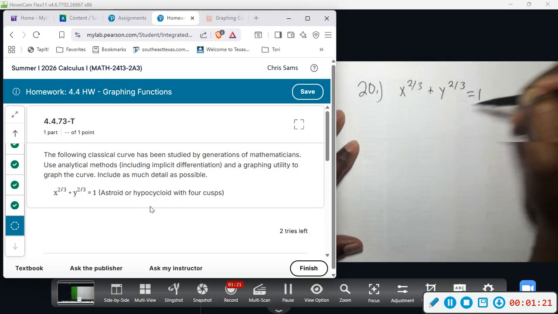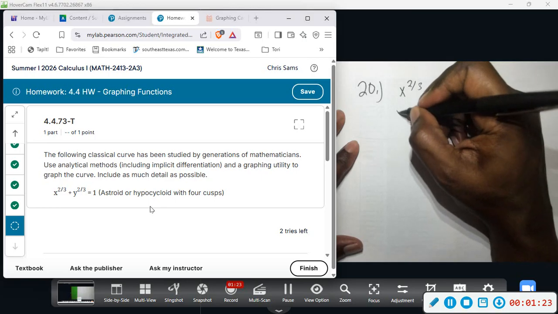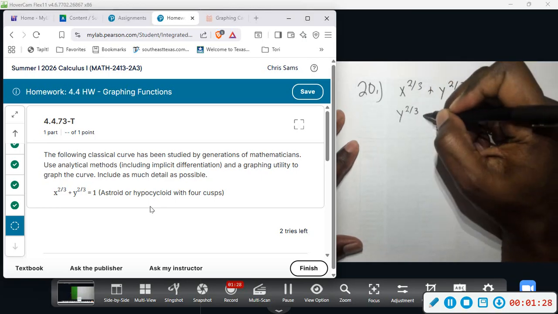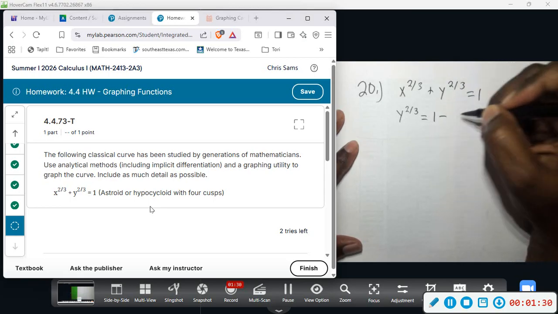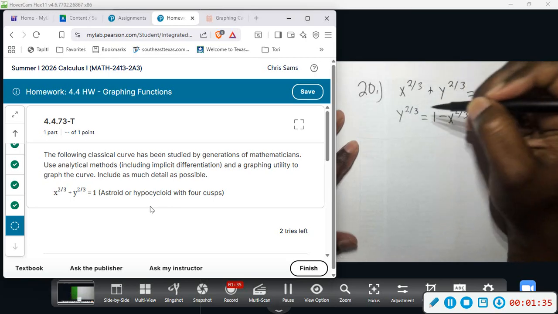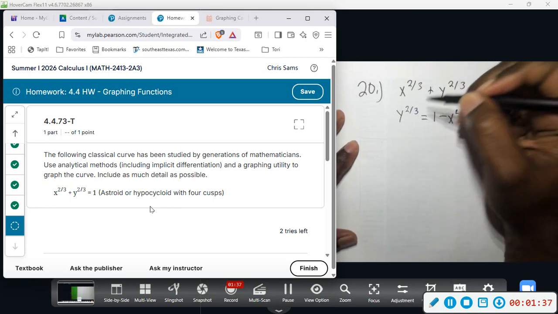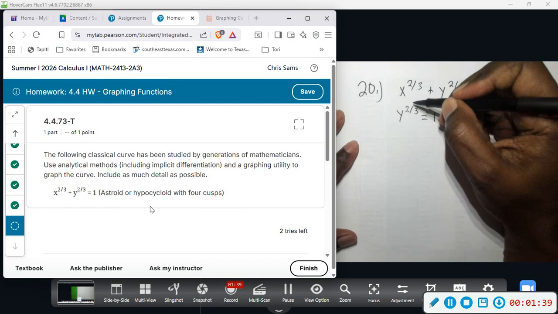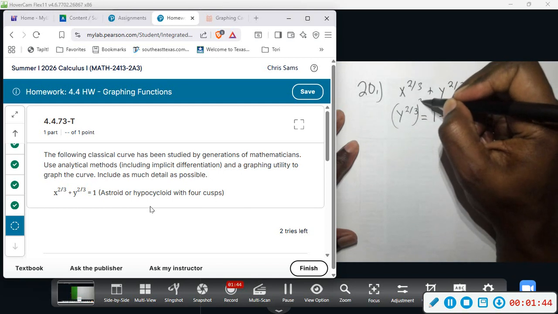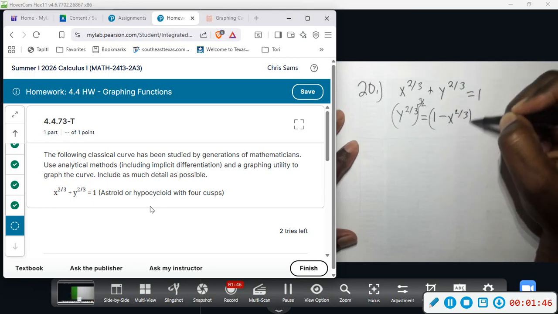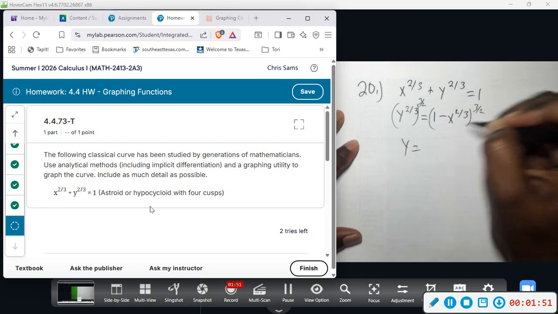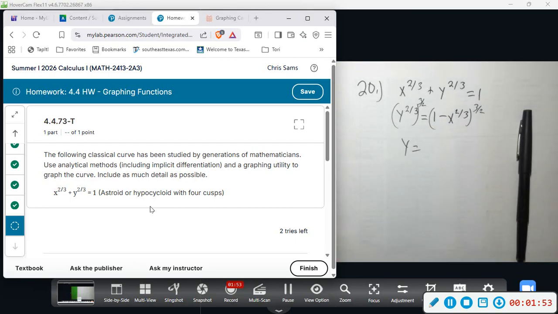All right, so I'm going to subtract this term, and then I'm going to raise it to the 2/3 power, or raise it to the 3/2 to get rid of that power. So I'm going to graph y equals this expression.